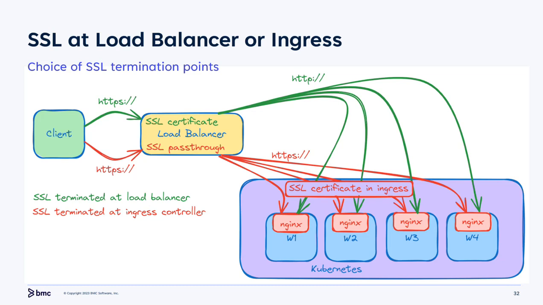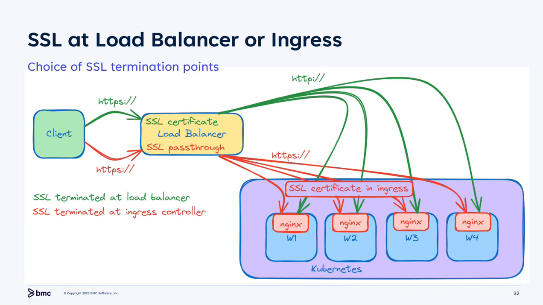So your client makes an HTTPS request to the load balancer. The load balancer is configured to decode that, and then it passes on the request to the Ingress controllers using straightforward HTTP. And then the Ingress controllers route the requests to the services.